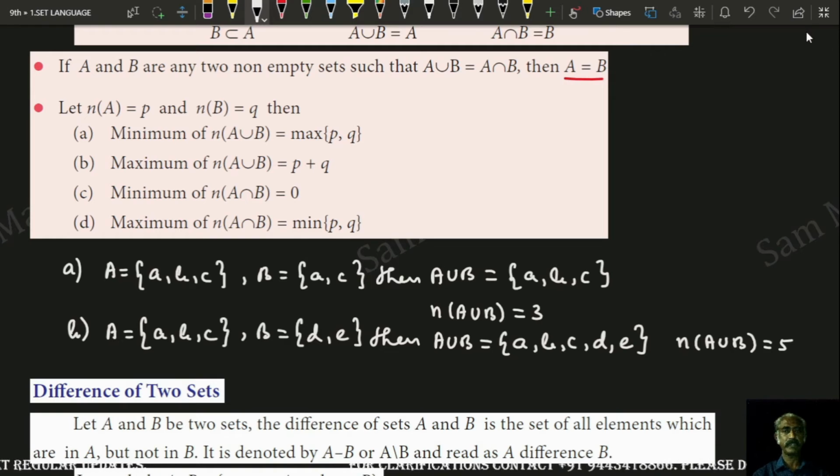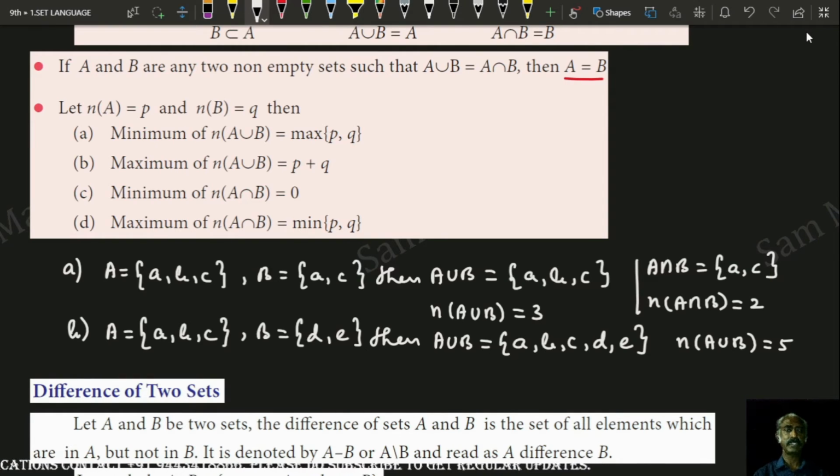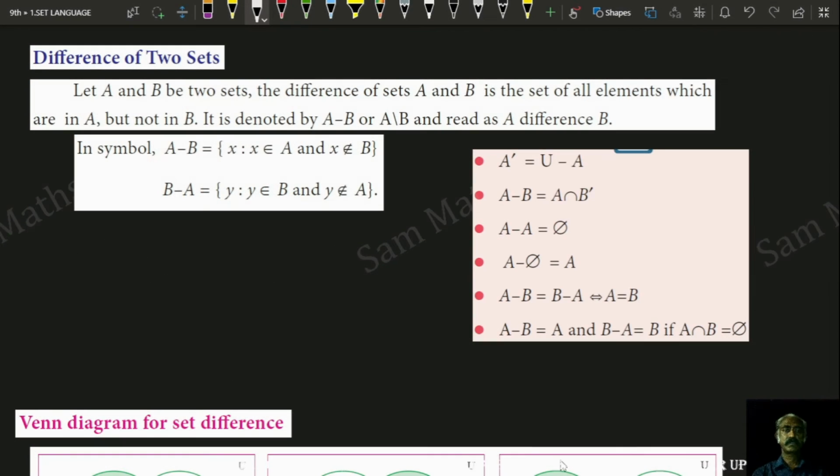In that case, A intersection B will be a, c, so n(A intersection B) is 2. That is the minimum of 3 and 2. Okay, children, please go through this. In that case, you can understand easily. Next one.